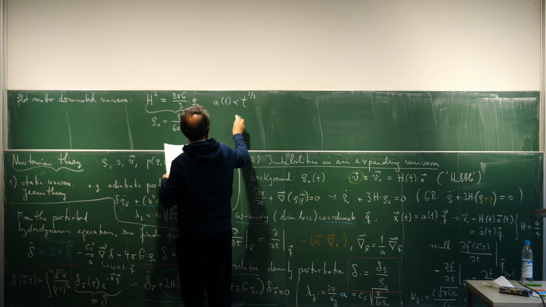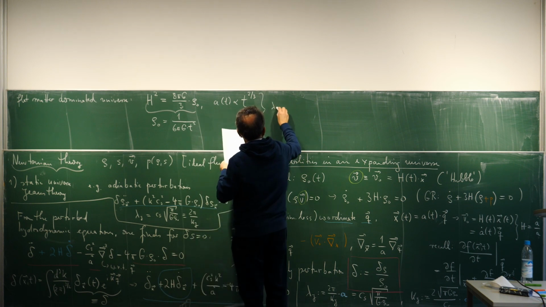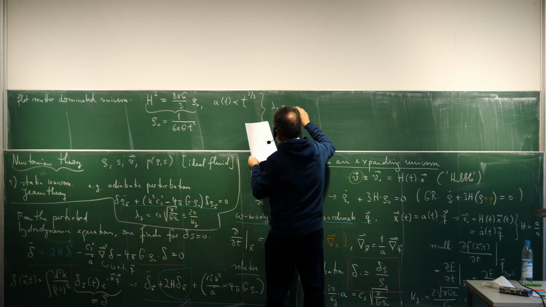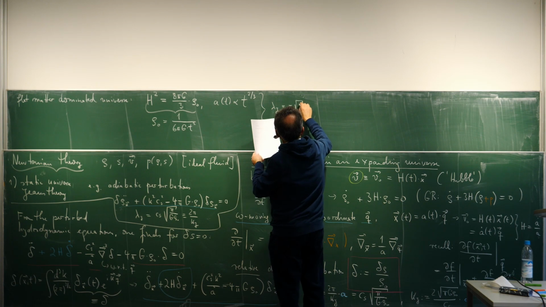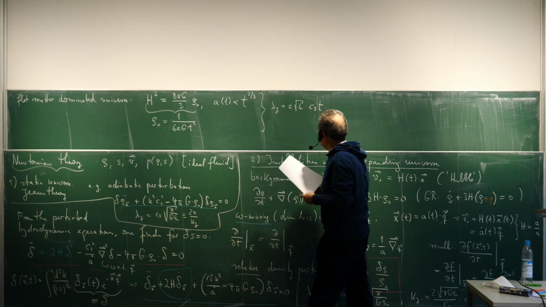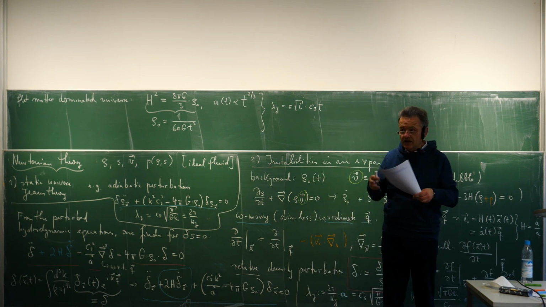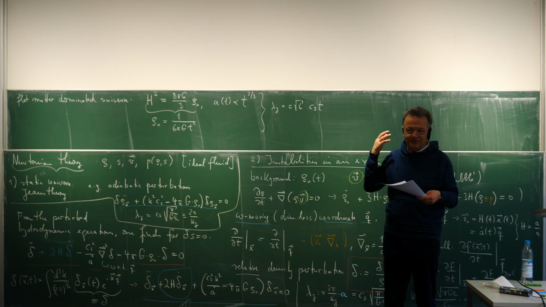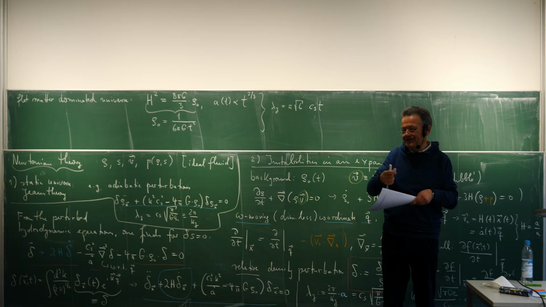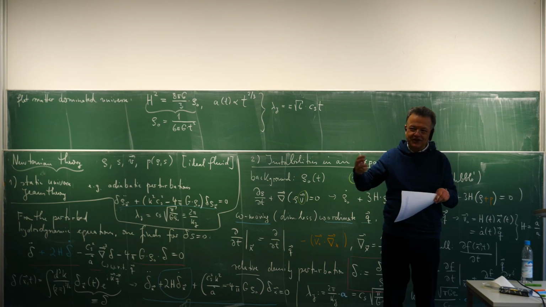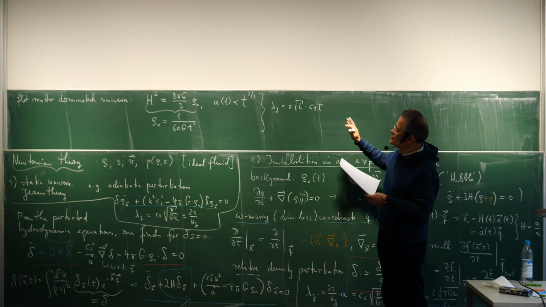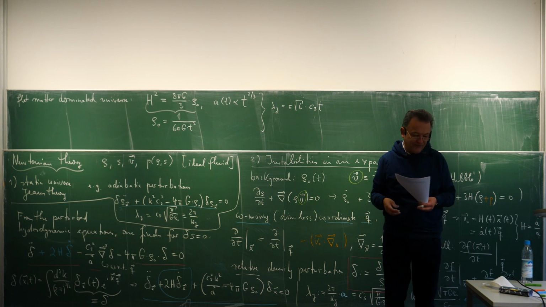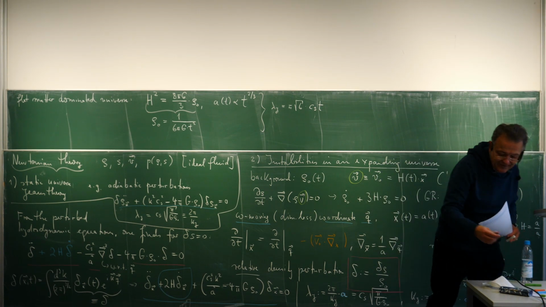So we have from this then, for the Jeans length, λ_J is π√6 times, and this is the central part, c_s t, the sound velocity of that density perturbation. This is what we call sound. You should not think too much about hearing music here. Sound just means the propagation of density perturbations. But it's a common name here also.